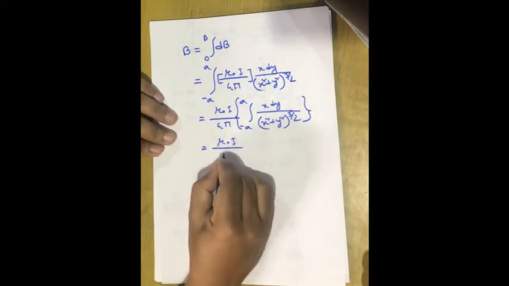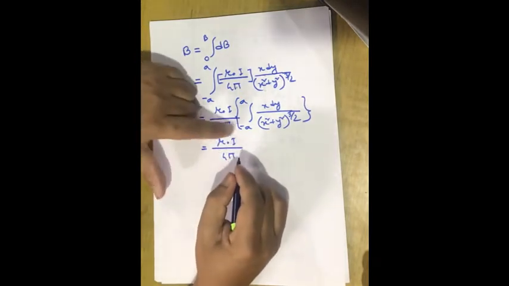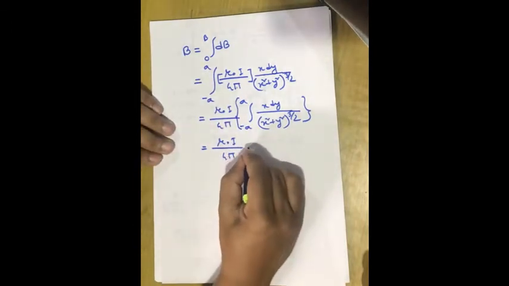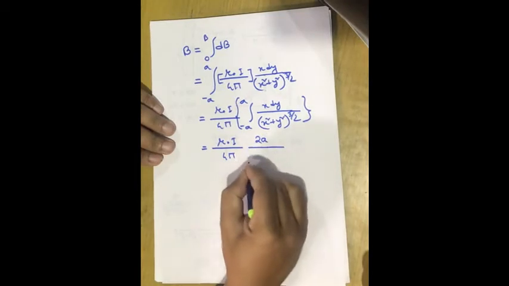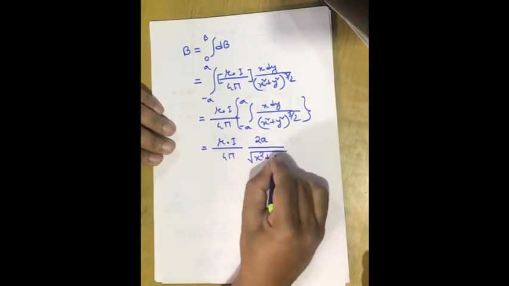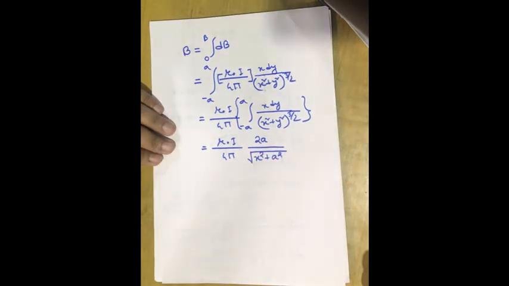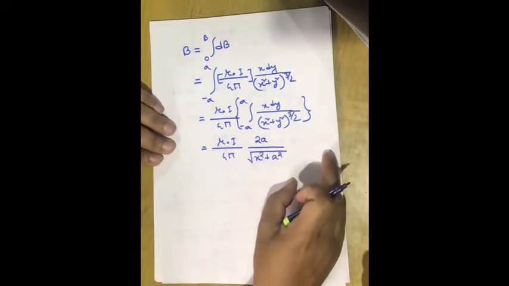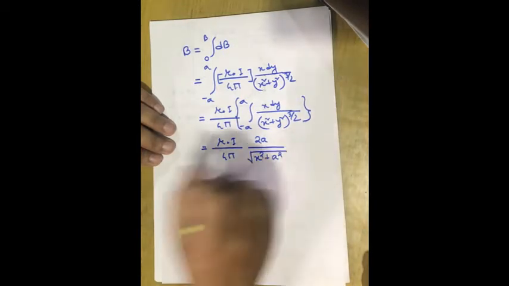So mu naught into I divided by 4 pi, if you take this integration within this limit, its value will be twice a over root of x square plus a square, where twice a is the length of the conducting wire from minus a to plus a.